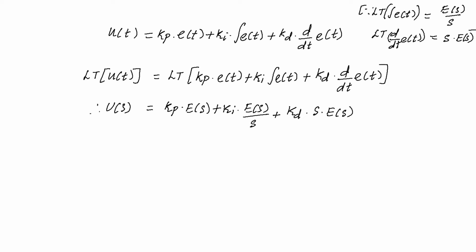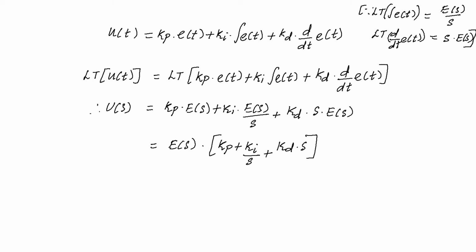The only thing to remember for these three types of controllers, and it's very important, is the Laplace transform formulas for the integral of e of t and d by dt of e of t. Okay. So from the above equation, you can take e of s outside. That means it becomes e of s times kp plus ki by s plus kd dot s, right?